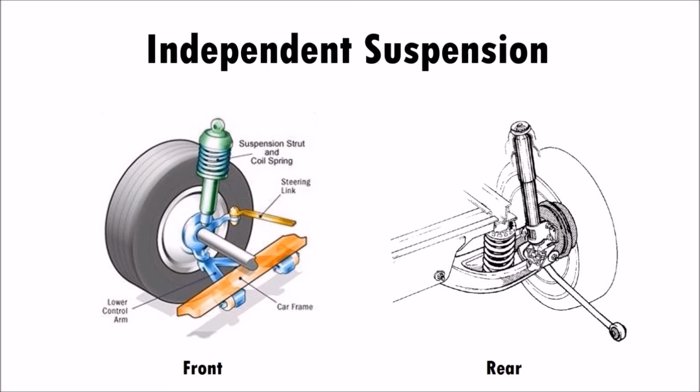Each road wheel can maintain the optimum wheel geometry and road surface contact over uneven road surface, and this provides additional passenger comfort and superior road holding compared to the rigid rear axle. The vehicle's body is supported by the road springs and is referred to as the sprung weight. Wheels and axles are not supported by the springs and are therefore referred to as the unsprung weight.